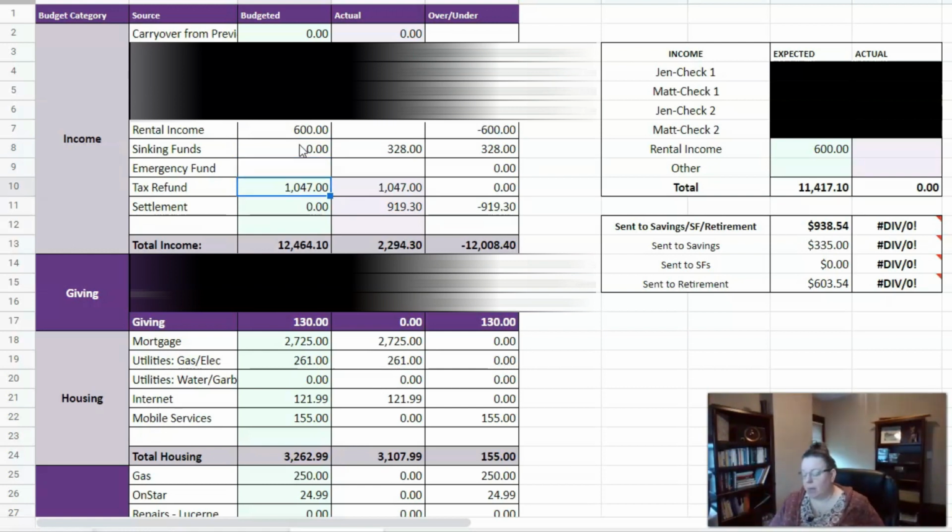Tax refund, that's what we got last month from federal, but we do think that the state will come in May, and so I'm going to put that in. And then settlement, that's here because we got a settlement last month that we didn't expect to get actually. And you can see it here. You'll see it in the budget report. But we do think that there's actually going to be another settlement coming in from Facebook in May.